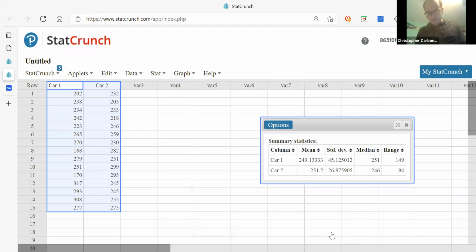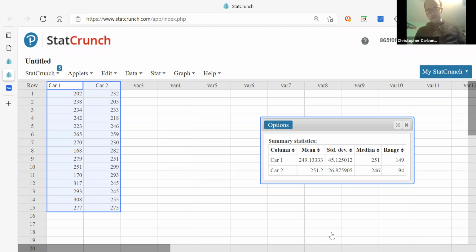For car 1, its mean was 249.1 miles per 10 gallons in this case. So miles after that 10 gallons. So 249.1 miles. Standard deviation of 45.1 miles in this case. We then have a median of 251 miles. And we have a range of 149 miles.